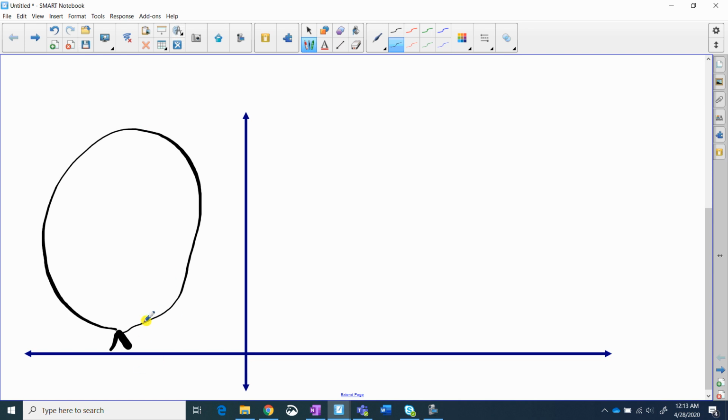Some measurements now. They get on 1 meter above the ground, so this spot here should be at the 1 meter mark. This is how high above the ground they are. So this is their height in meters, and on this scale I'm going to put time in seconds.